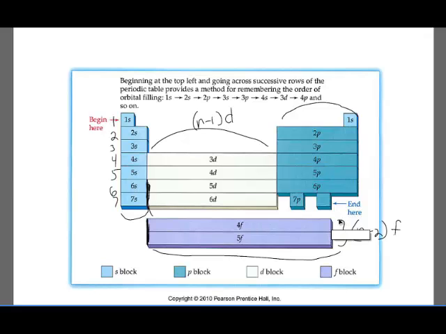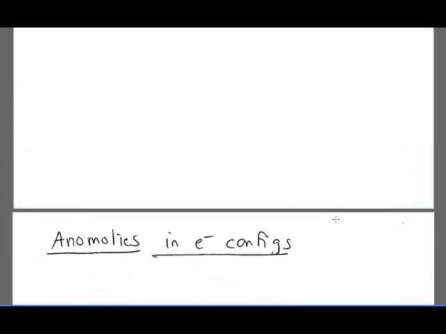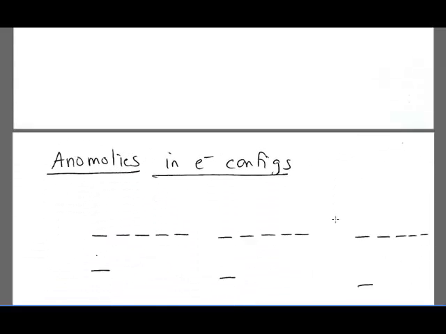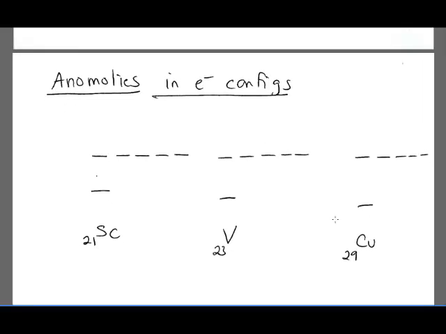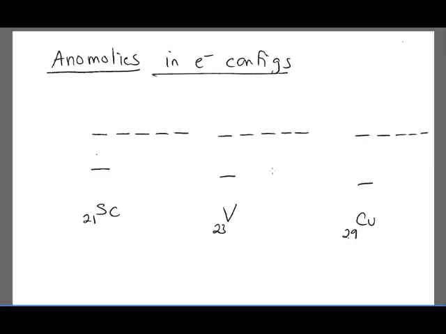Alright, and finally I'm going to name some anomalies in filling, because things don't always get filled exactly in the order that you expect them to. And these anomalies, some of the anomalies occur in the d orbitals, some occur in the f orbitals, and so I'm going to show you a couple of important ones. The scandium, which has 21 electrons, I'm not going to draw all the energy levels.